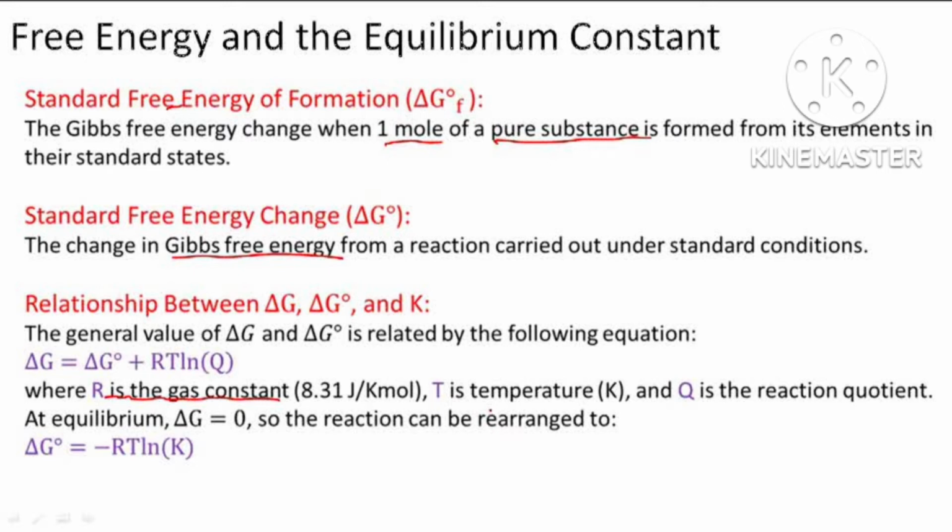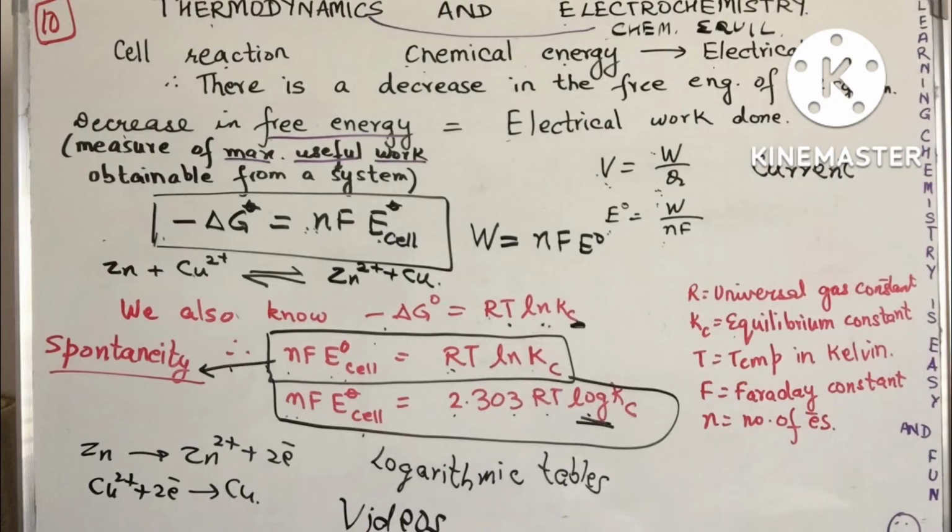If delta H and delta S are both negative, then at low temperature delta G will be negative, and the reaction will be spontaneous at low temperature.